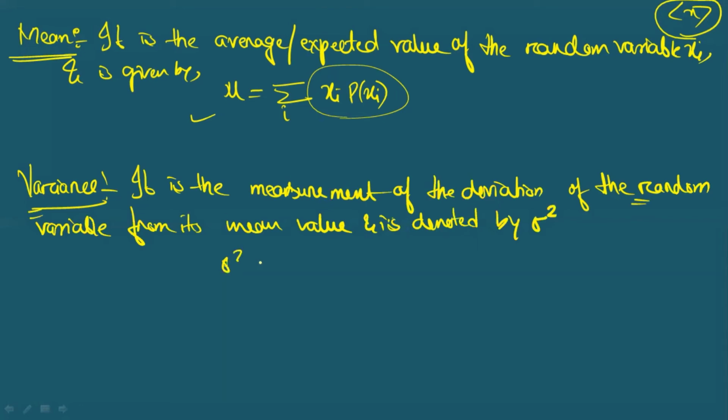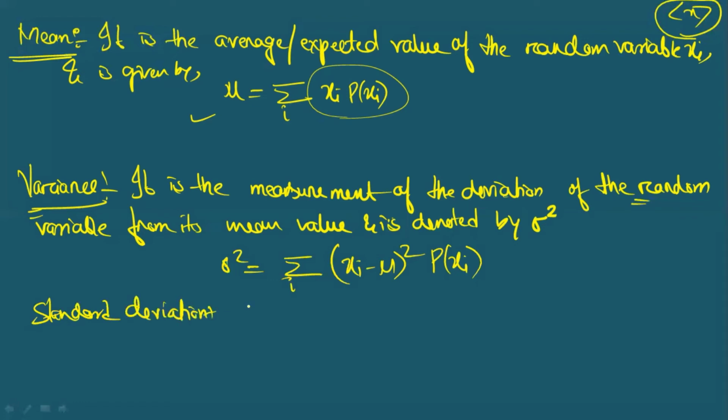So you can write sigma square, that is the variance, equals what? Discrete, so it will be summation. Here you see the deviation of the random variable from its mean value: xi minus mu, whole square, times probability of xi. So this is how you can write. Now you see standard deviation.